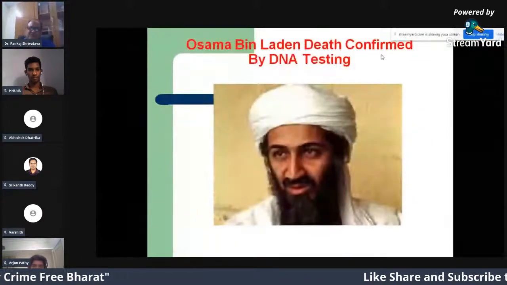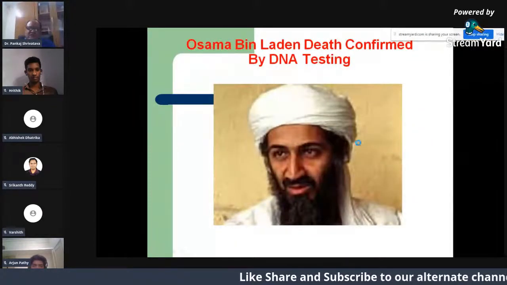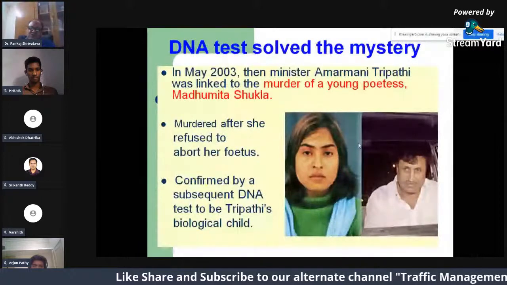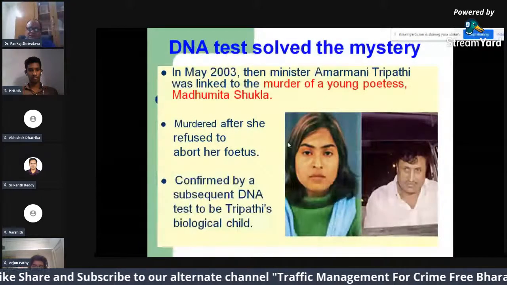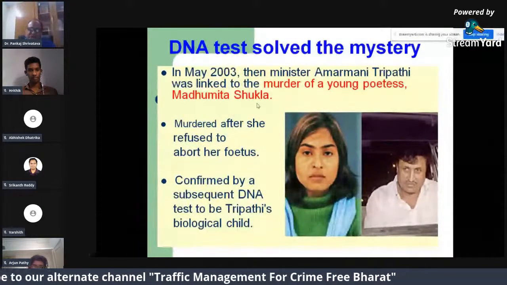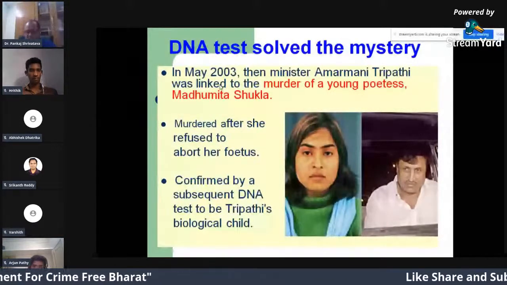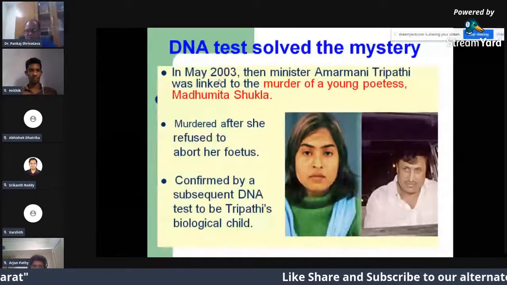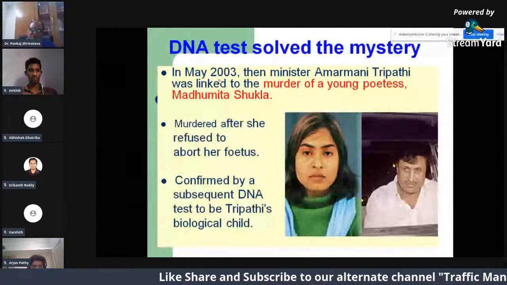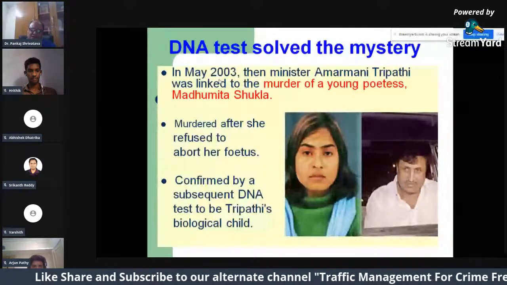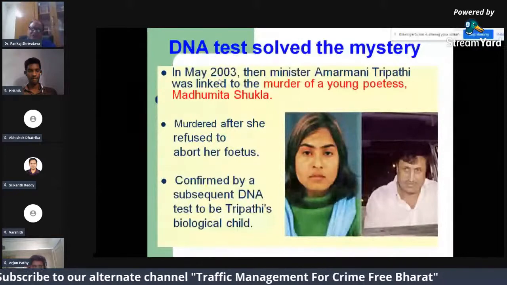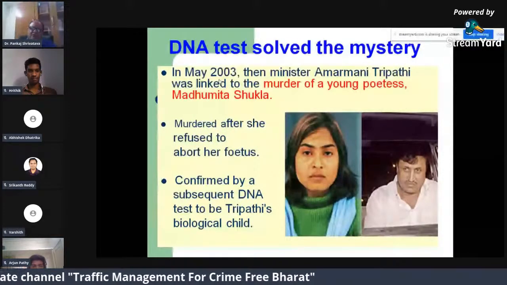Osama bin Laden's death was confirmed by DNA testing. DNA tests solved the mystery of the Amarmani Tripathi Madhumita Shukla case, which was done earlier in 2003, almost the inception of the technology in India, because the technology was being groomed during that time.